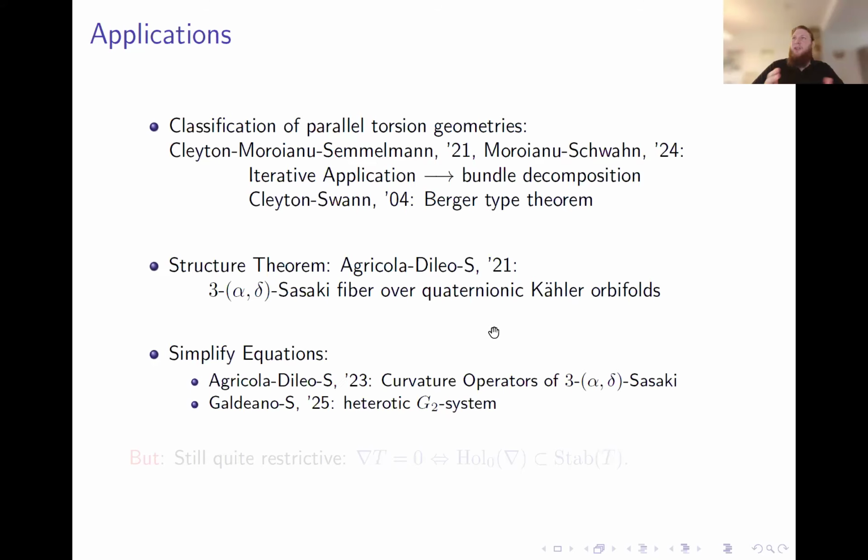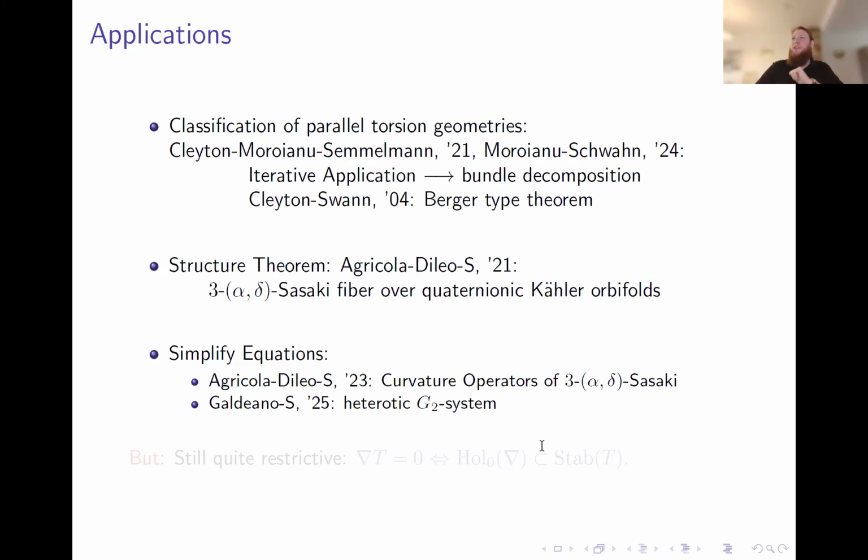And we could do that, and it turns out we can, again along the submersion, reduce the dimension and get very simple parts that we can explicitly solve. And therefore, we got a solution to the heterotic G2 system.